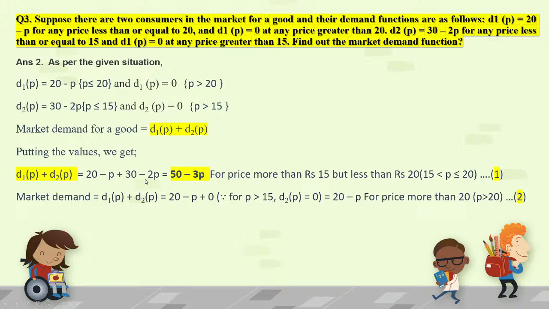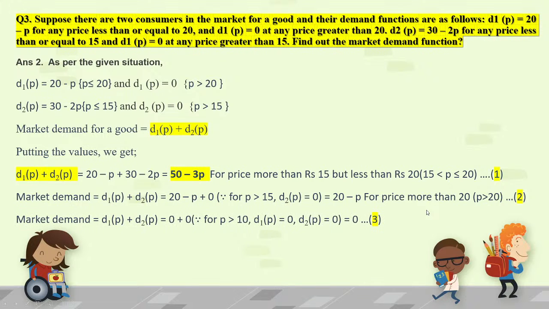That's why it's been taken as 0. So the remaining part is 20 minus P plus 0. So it becomes 20 minus P for a price more than 15 and up to 20. So this is equation number 2, the second part of the solution.